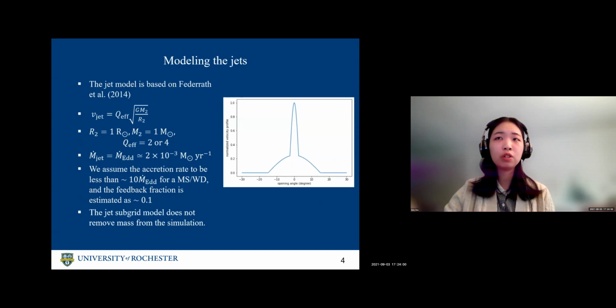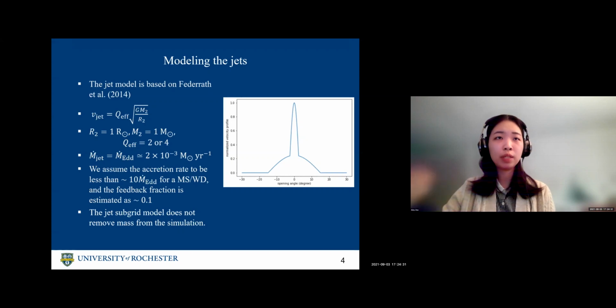In the figure, you can see a normalized profile of our jet speed in the angular dependence in the jet launching region. We take the velocity of the jet to be a multiple of the escape velocity. The factor is either 2 or 4 in our model. And we assume the secondary to be a 1 solar mass main sequence star.